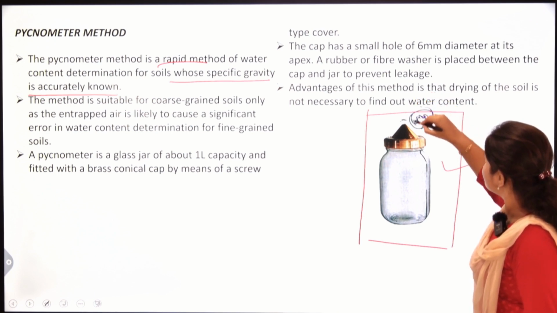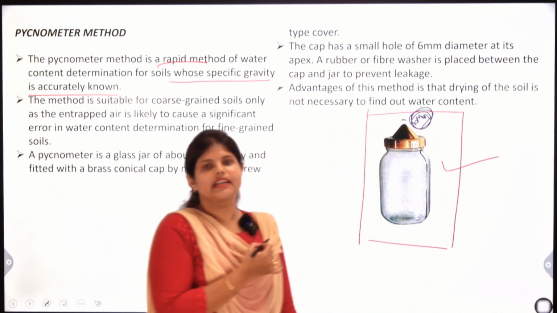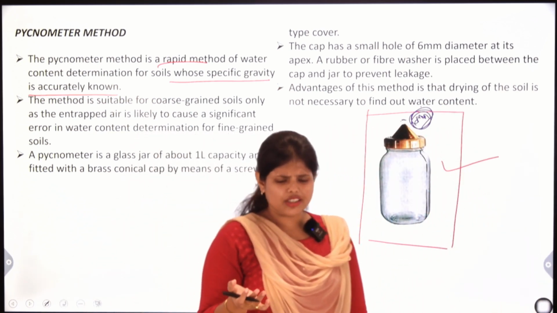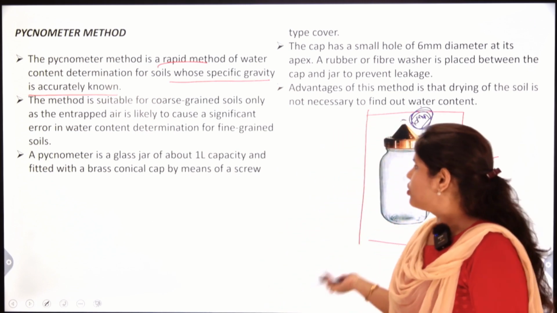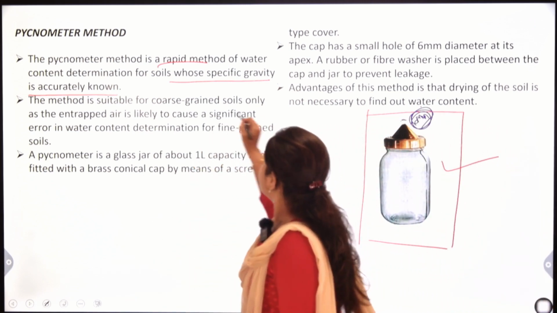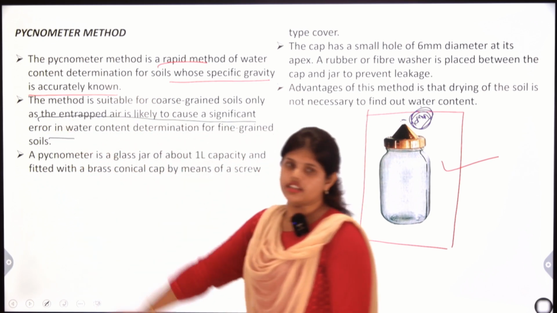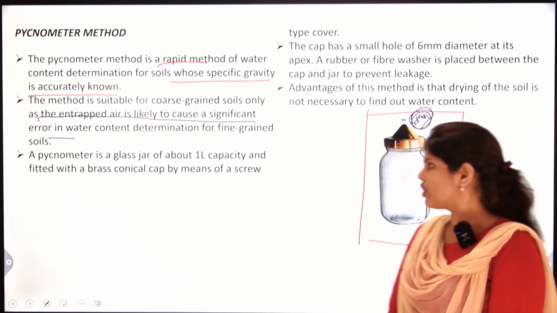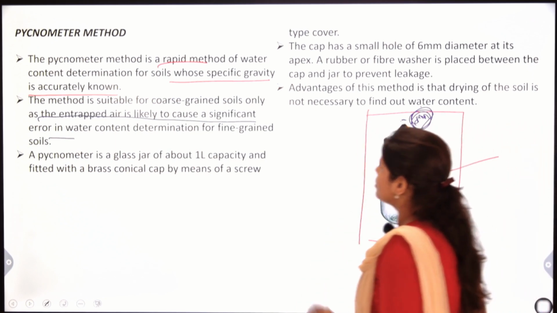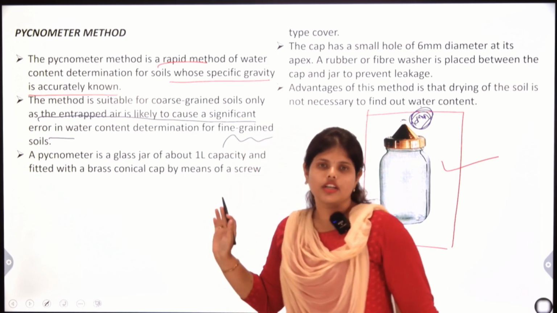So, if a small amount of air enters this jar, there will be calculation issues. So, we need coarse grained soils, as the entrapped air is likely to cause significant error. So, for fine grained soil, the pycnometer method is not suitable.